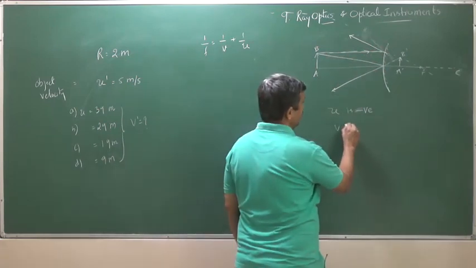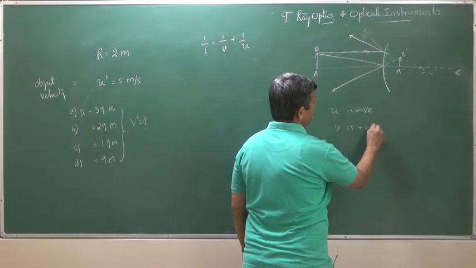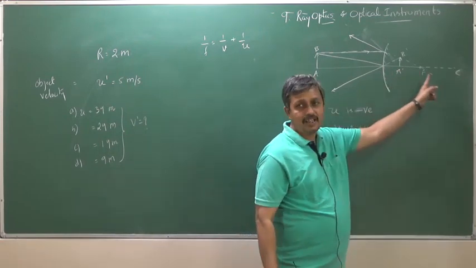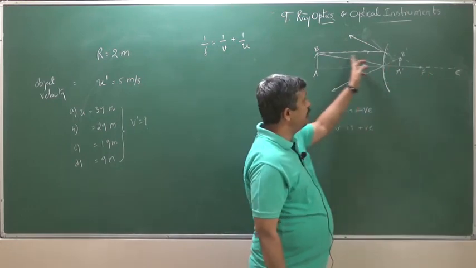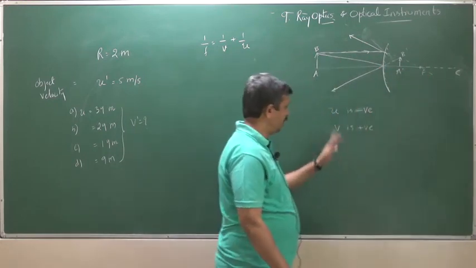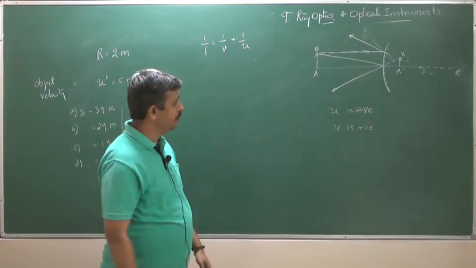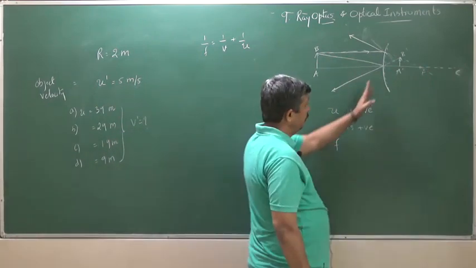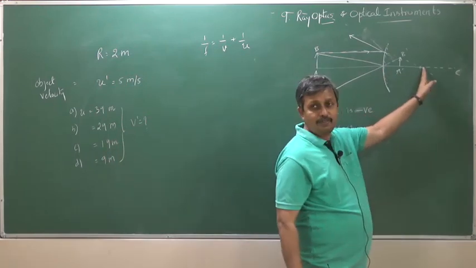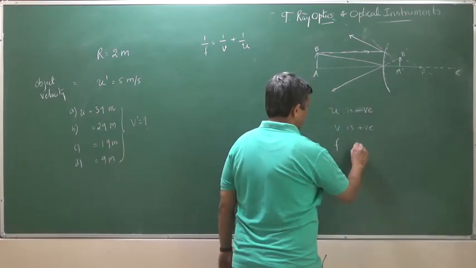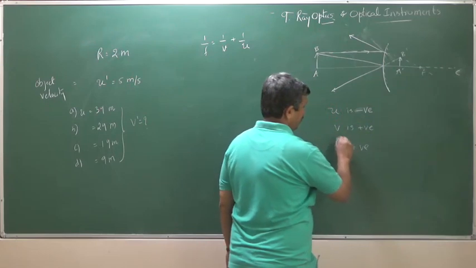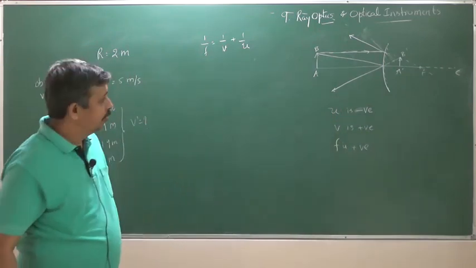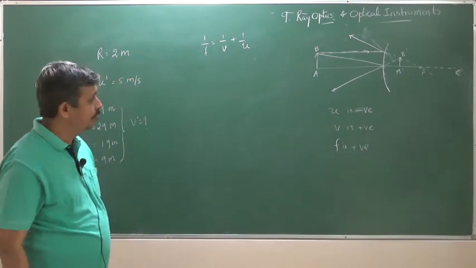And v is positive because you have to measure the distance to the image from left to right, and the ray is also moving from left to right. So, that is the same direction, so positive. And focal length, we have to measure from left to right. Focal length is this side, so it is positive. Those are the three important things that we know.